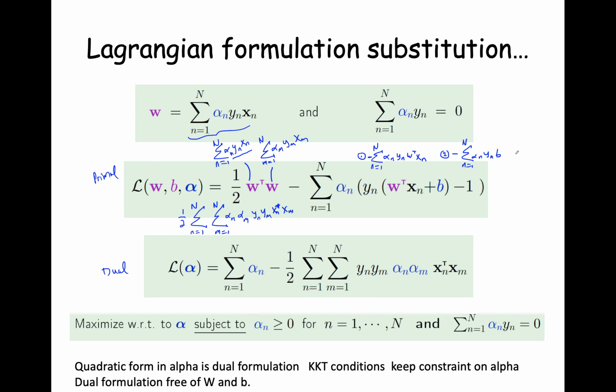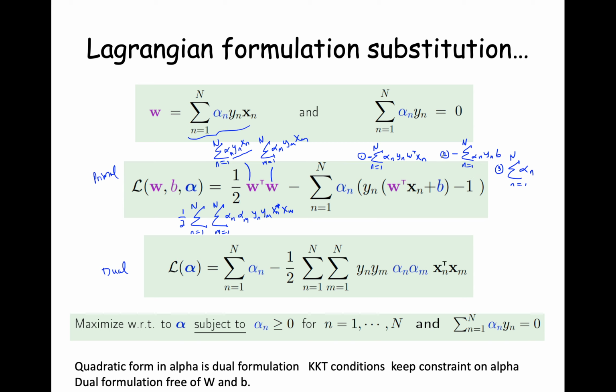So that's going to be a plus. So our third term, let me write it over here, is going to be positive, the sum, n goes from 1 to big N of alpha n times 1, which is just alpha n. Okay, so there we have it.